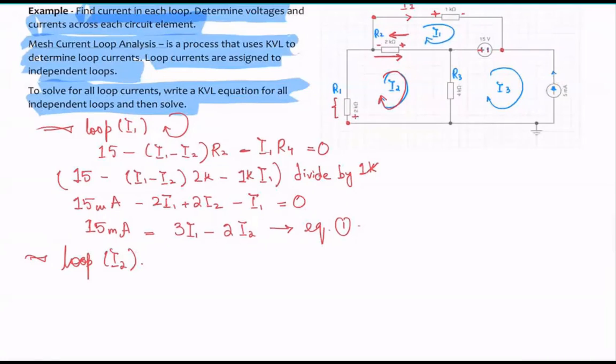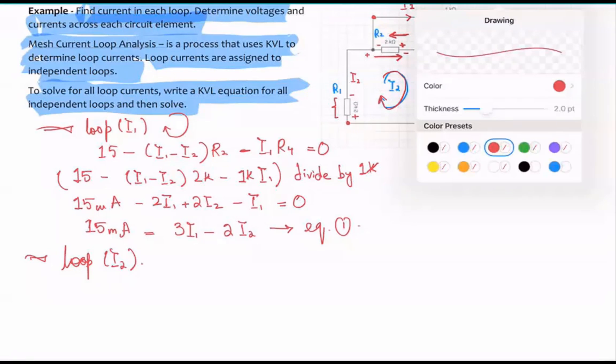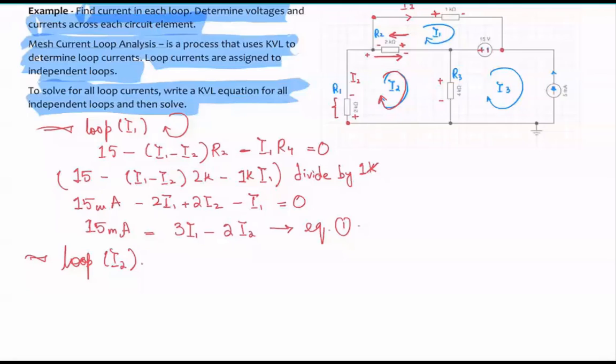Again, you have all these resistors here, correct? So current always flows from a potential of higher to the lower. So that's how the polarity is gonna be. So again, the current flowing here is only I2. So I would have I2 times R1. Maybe I can change the color here.